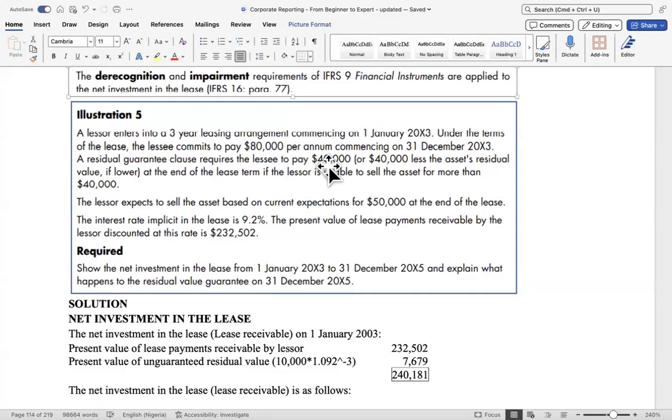I've explained that this is assuring the lessor that at the end of the lease term he will get 40,000 from the sale of the asset.